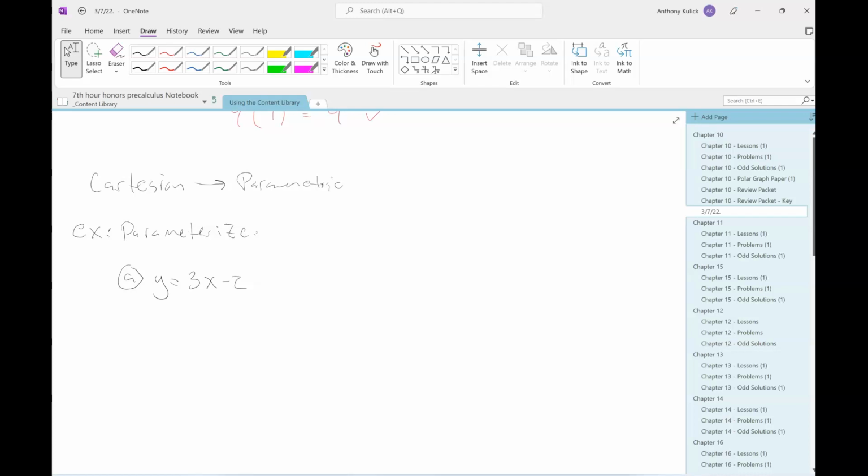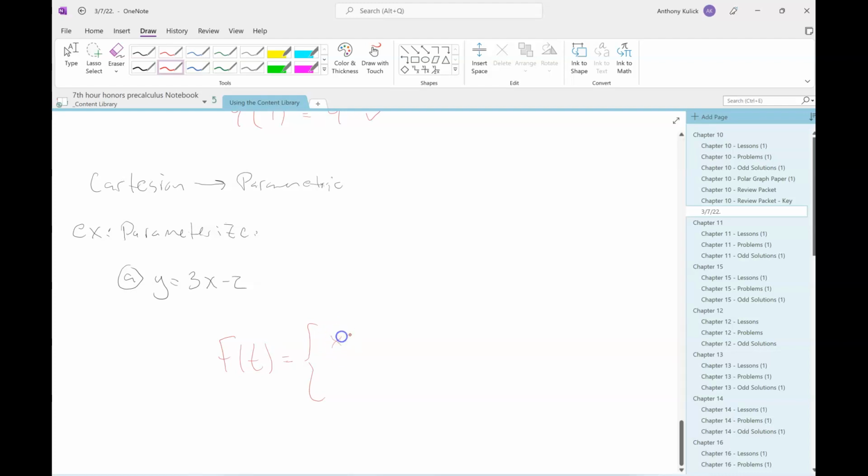If that's the case, the parameterization is super simple. In the Cartesian form, the independent variable is x. Trivial question for a student at your level. In the parametric form, our independent variable is t.